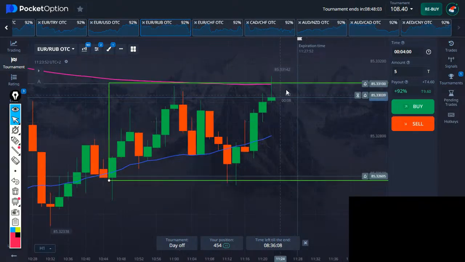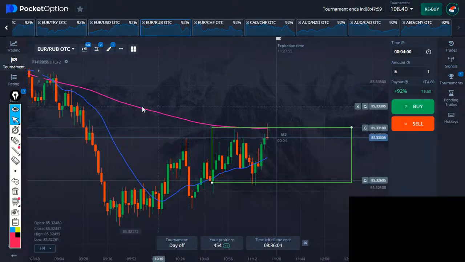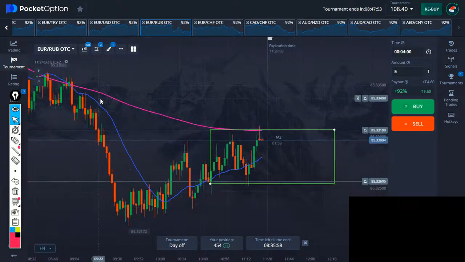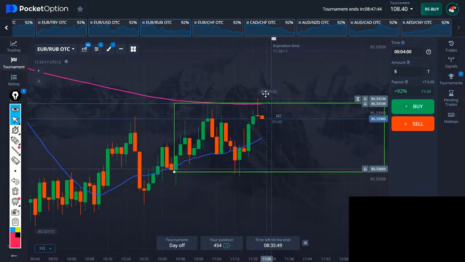See, it's rejecting, no problem. You have a supply zone over here, so that's why. And it's a fresh supply zone, so it wasn't tested any time. So tested it over here, rejected.